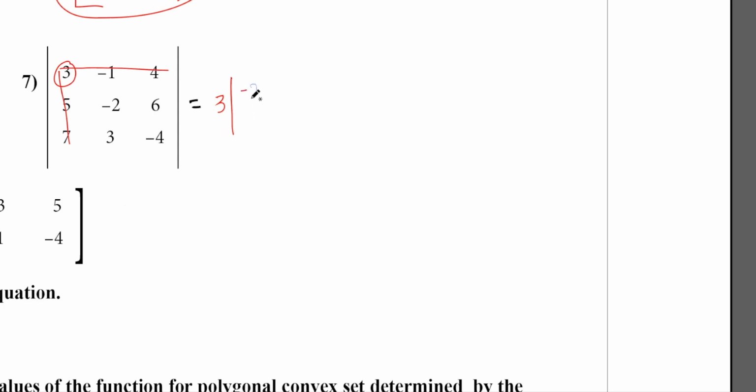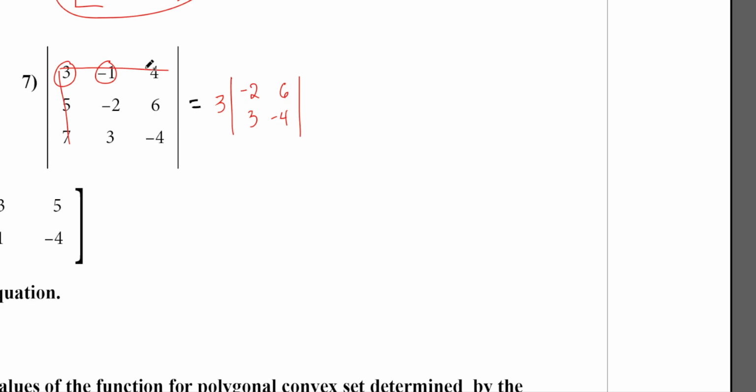I got negative 2, I got 6, I got 3, and negative 4. So that's what we do at first. See what I just did? I took this top left one. Everything that's in that column and in that row, I'm going to leave out. And whatever's left over, I'm going to make a little 2 by 2 matrix out of it. All right? Now, here's another thing. We're going to do that 3 times.